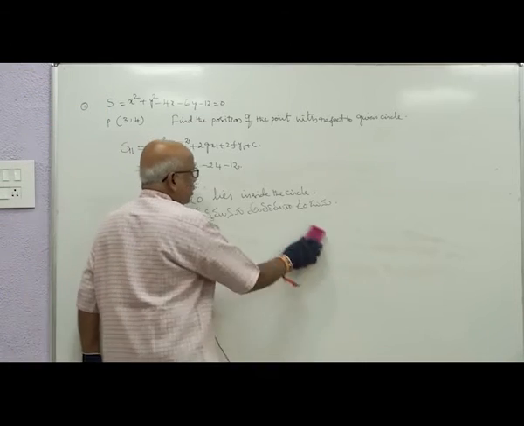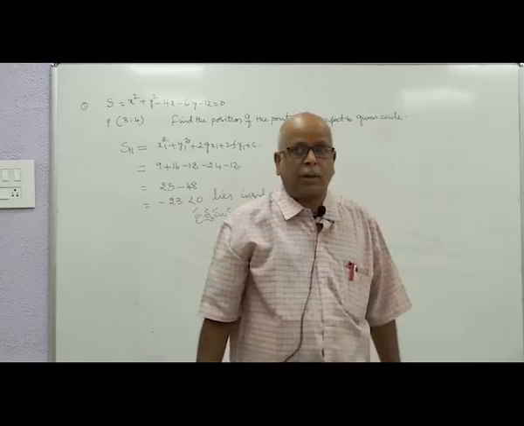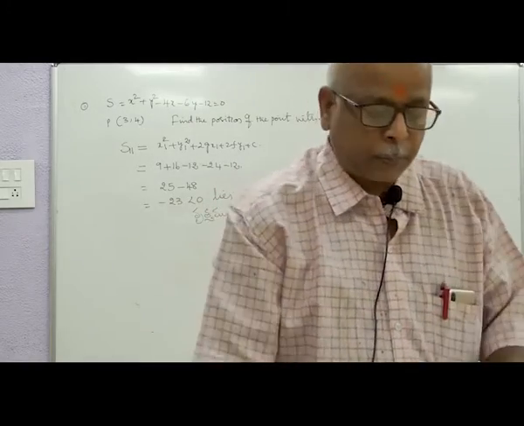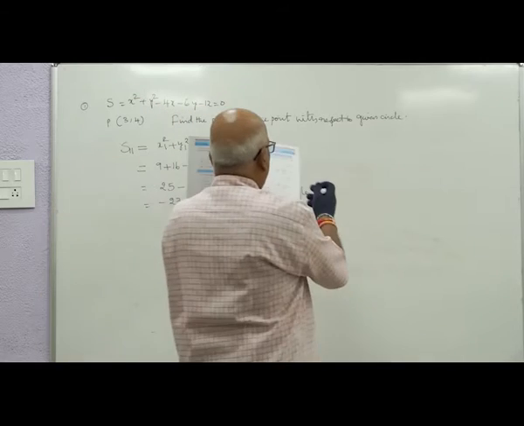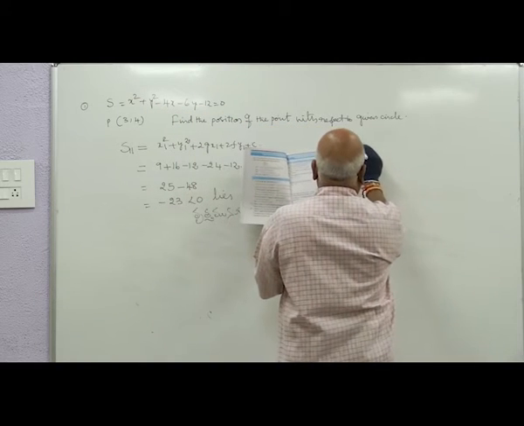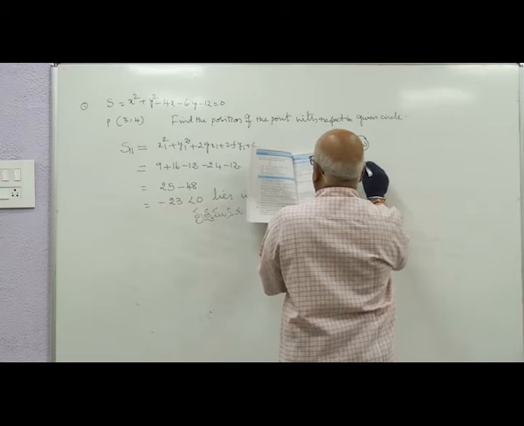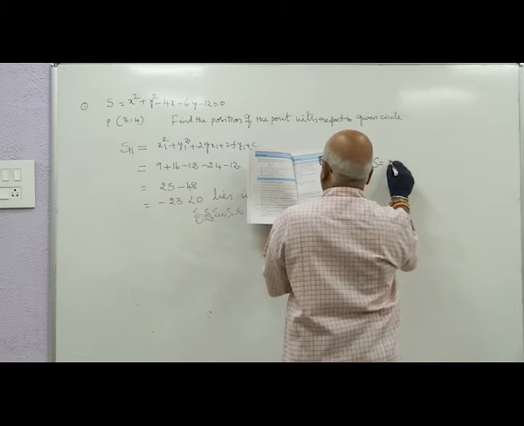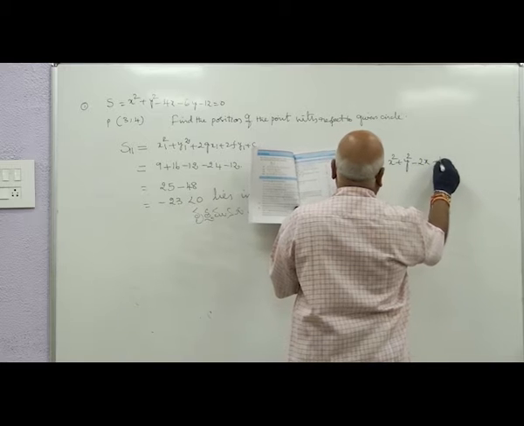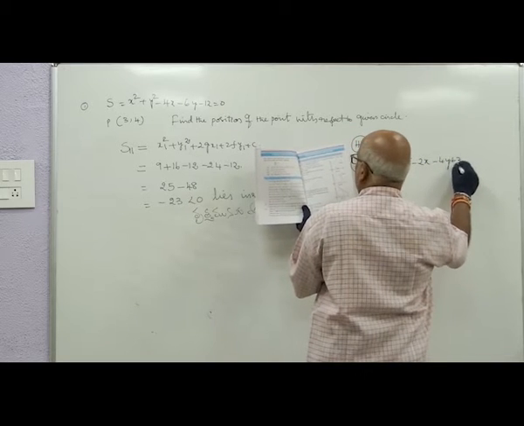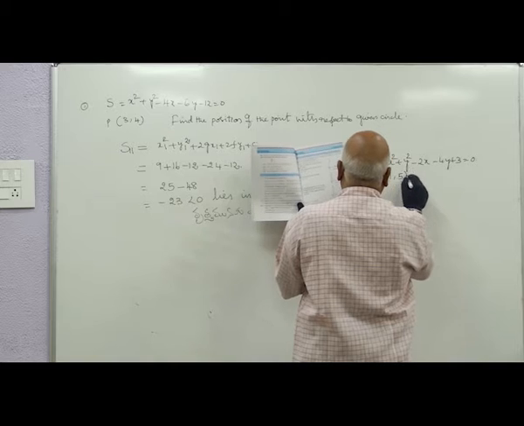Based on this, you can have practice of these two problems which I am going to write down now. You try to practice these ones, or else you can name these ones as homework problems. Number 1, S equal to x square plus y square minus 2x minus 4y plus 3 equal to 0, and the point is (1, 5).